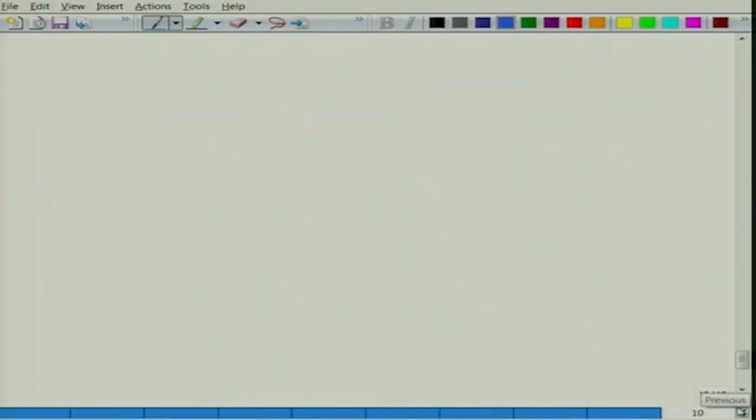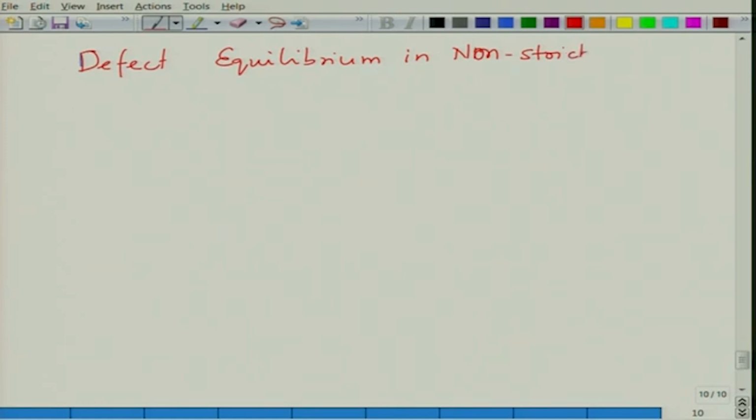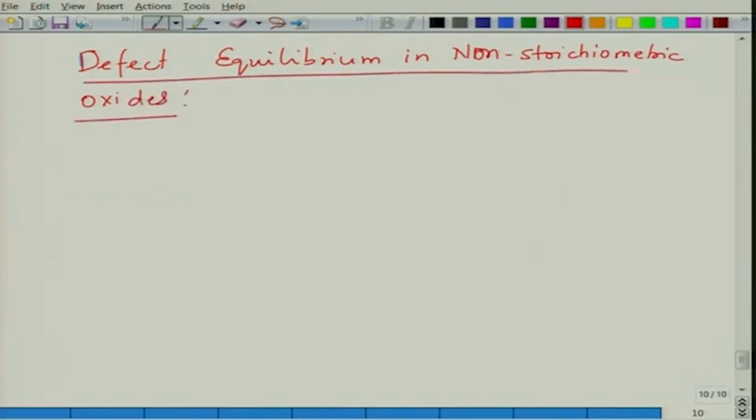Now, let us move on to the next thing, which is defect equilibria in non-stoichiometric oxides. Okay.